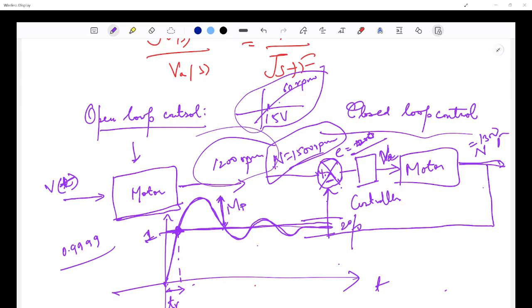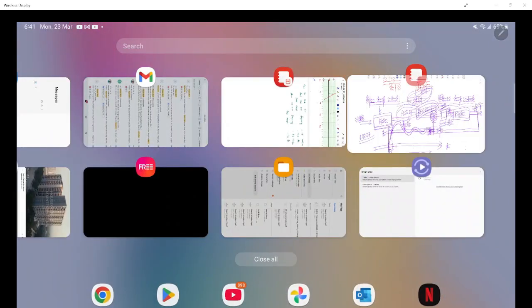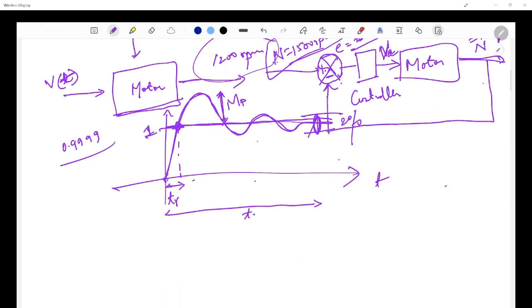Okay, so if I am within 2% of the band at some point of time, then what is the time that I have taken to reach within 2% of the band? That is defined by settling time. Then we are also concerned about peak time.